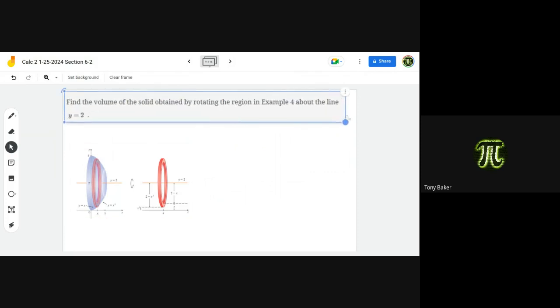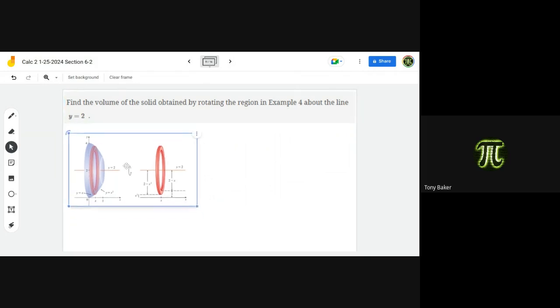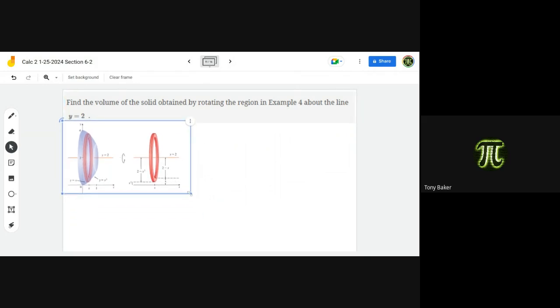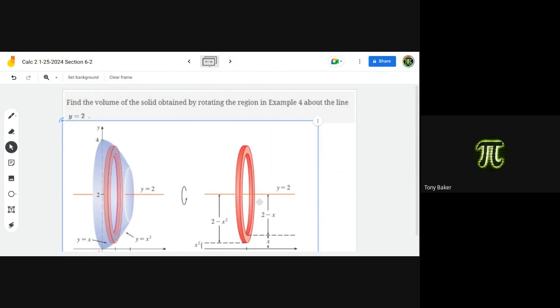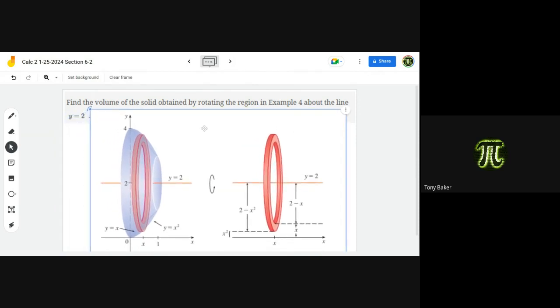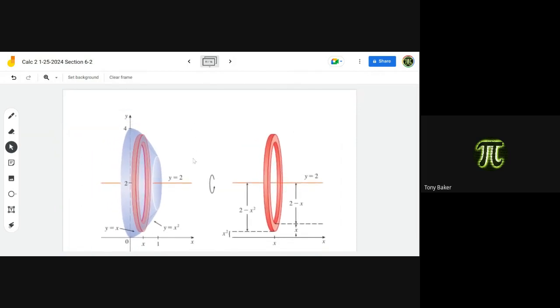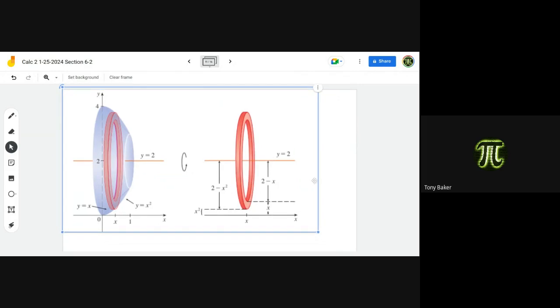So we're going to take the exact same 2 equations that we just did. Except this time, I'm not going to rotate it around the x-axis.